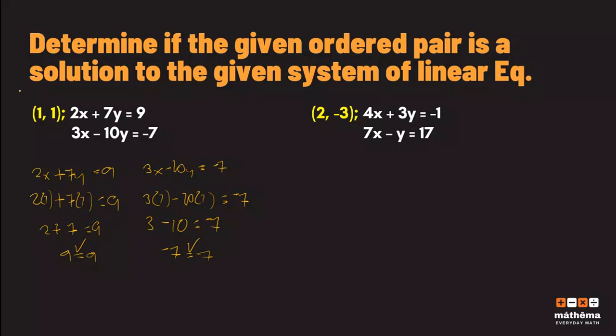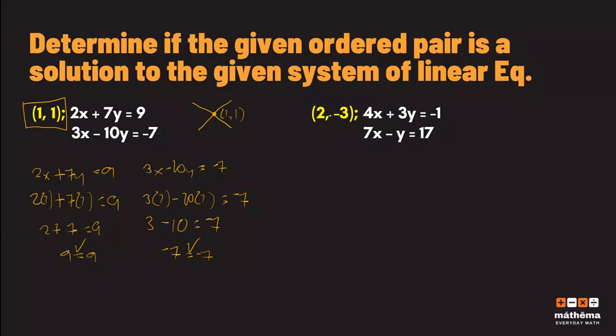So therefore, 1, 1 is a solution to our system. Later, we are going to show that the graphs of these two, if plotted, will intersect at point 1, 1. Alright?